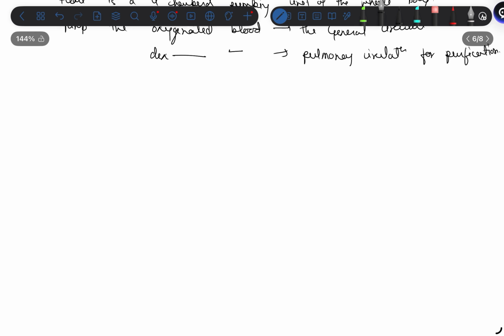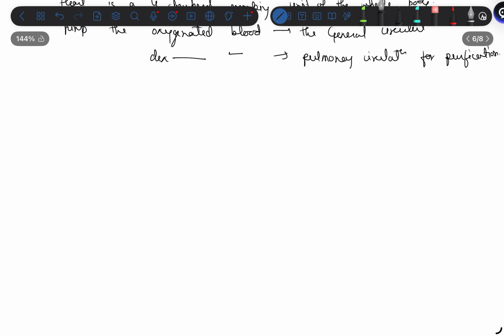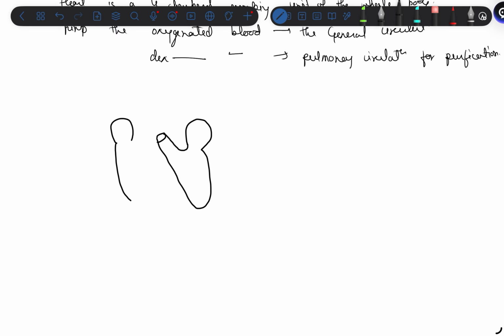Okay, so there are four chambers of our heart. Let's suppose this is the left side of the heart, and this is the right side of the heart. Here are the valves.